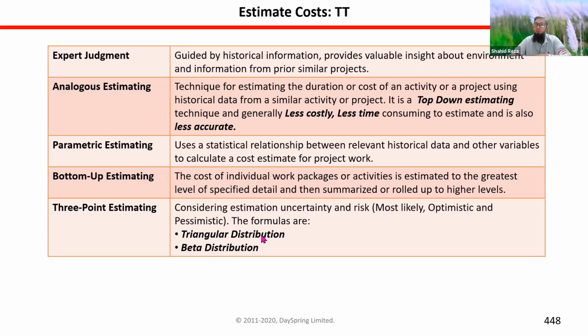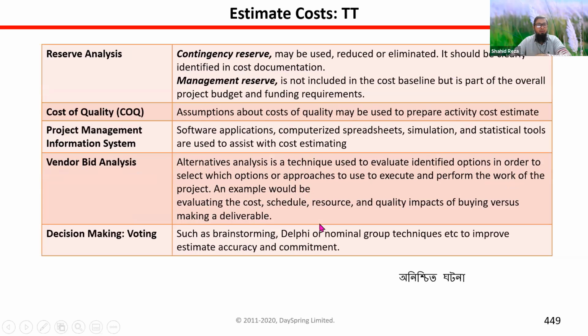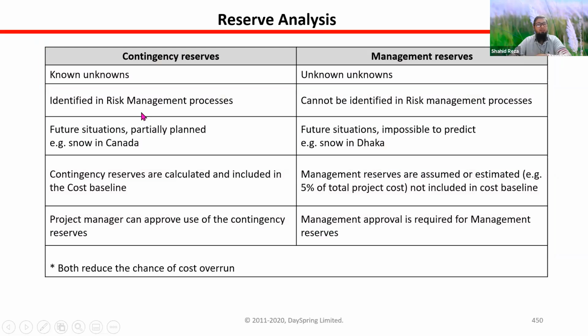There are two variations of the formula: for triangular distribution we divide by 3, and for beta distribution we divide by 6. That variation is also applicable in the cost perspective. Reserve analysis: contingency reserve, management reserve. Cost of quality we'll see in detail in the quality chapter.